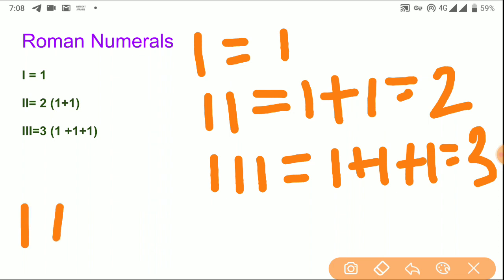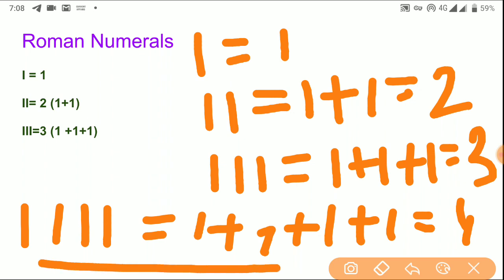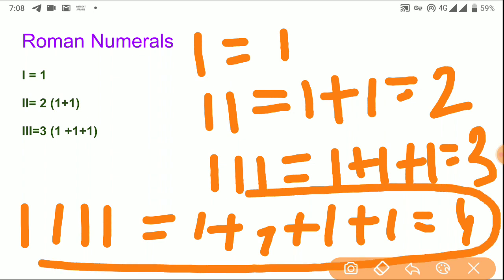Can you all tell, children, what will be the value of these four I's? If you are thinking its value will be 1 plus 1 plus 1 plus 1 is equal to 4, I know many of you know that this will be what?